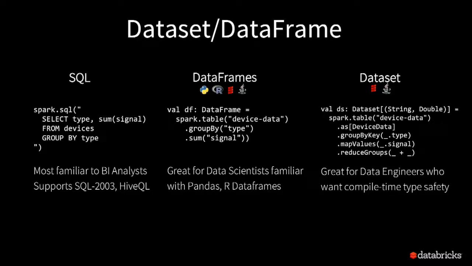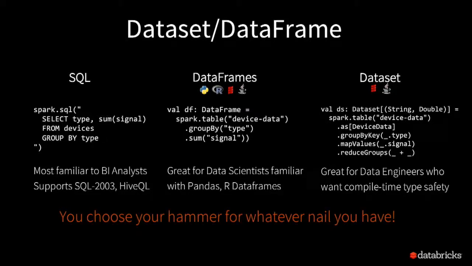The cool thing is that across all of these, you're still using the same DataFrame APIs and the same SQL engine underneath. So whichever hammer you choose to hit your nail, you get the same performance benefits, the same performance guarantee across all these different APIs.